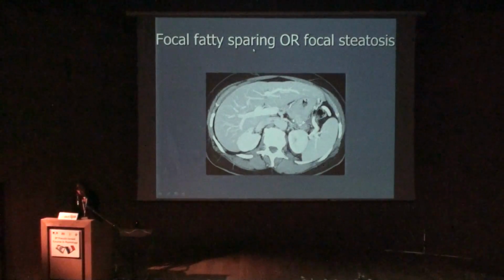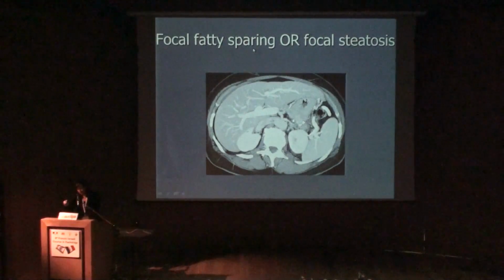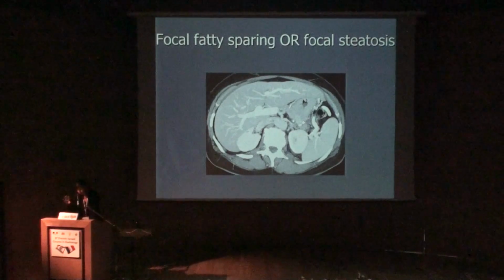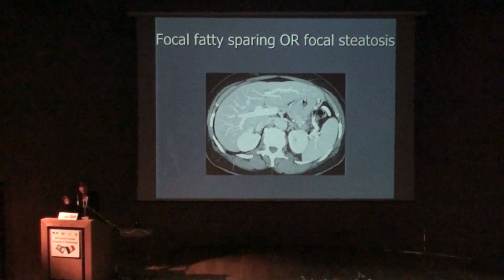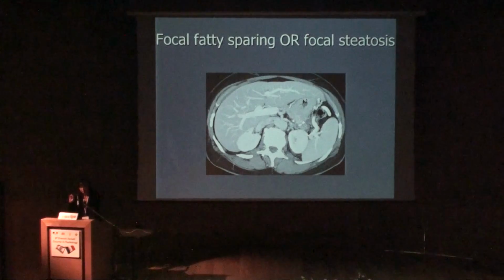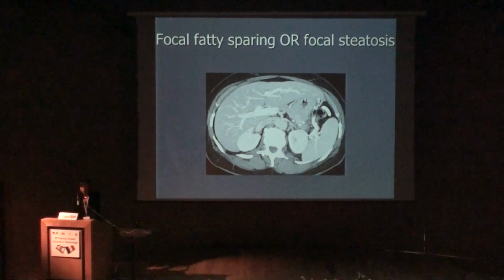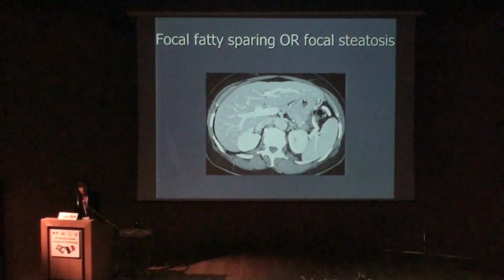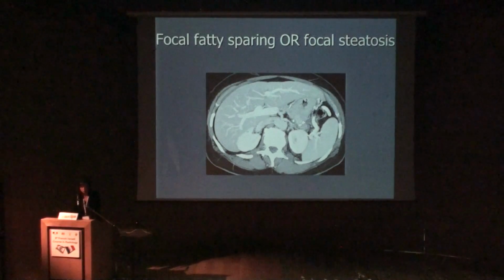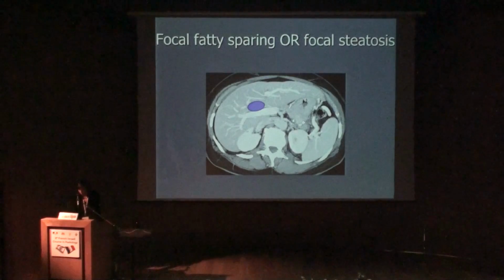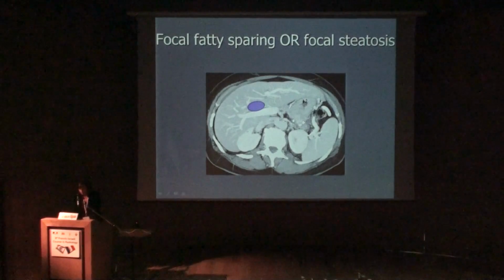So, if we want to go a little bit in detail with the focal fatty sparing and focal steatosis, first of all, it is very, very interesting, but there are some keys. First key is location. Okay, you won't see those abnormalities elsewhere in the liver. No, you will see them always near the hilar.